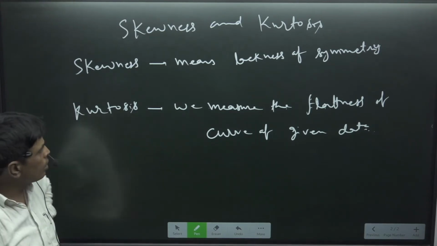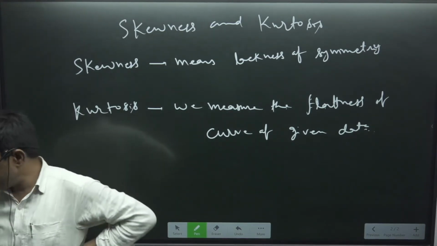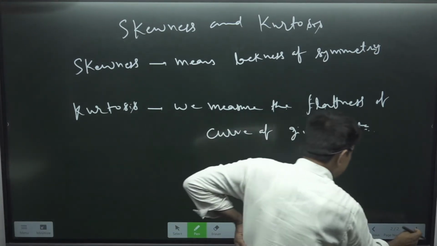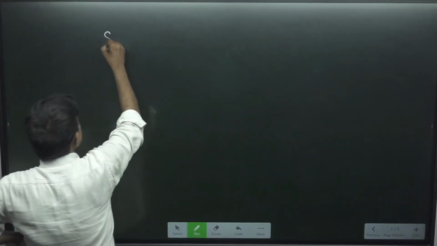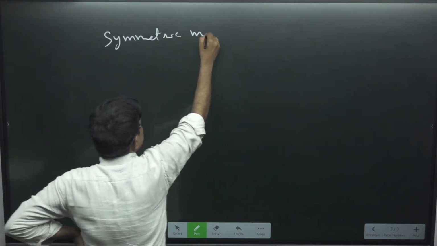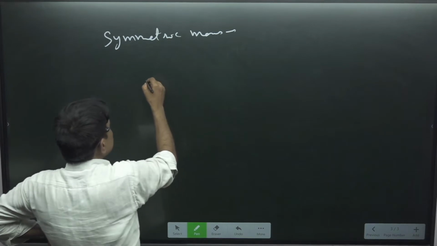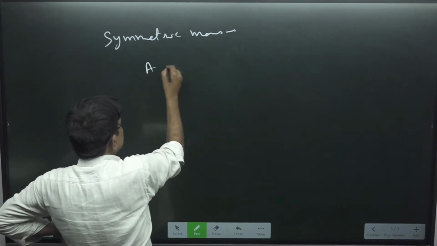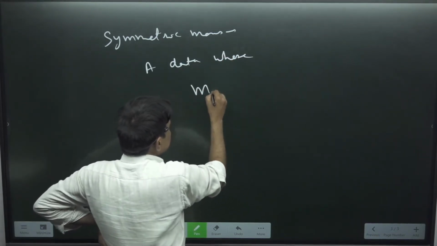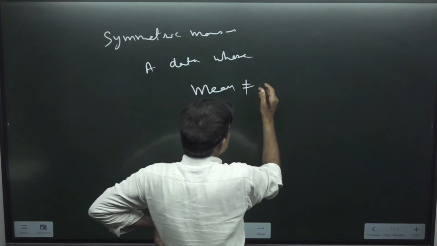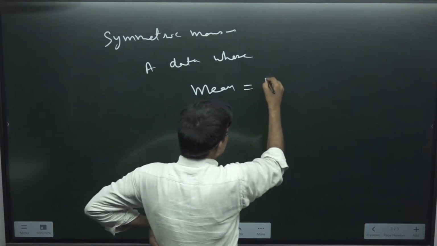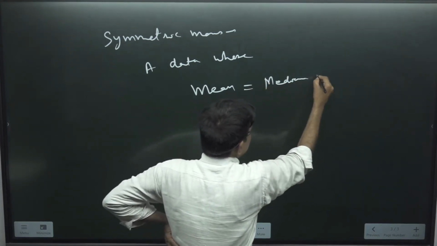Symmetric means a data whose mean, median, and mode are equal.